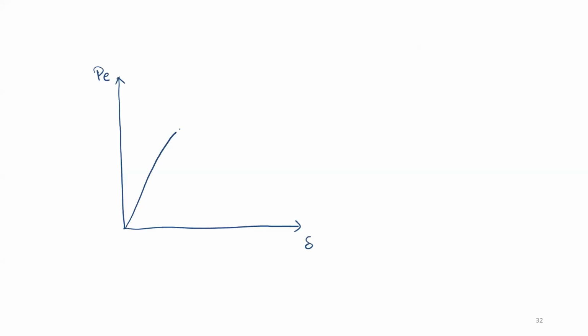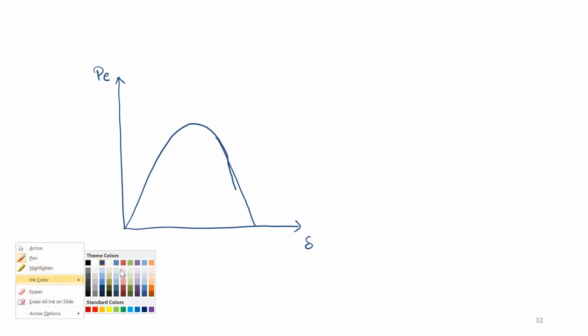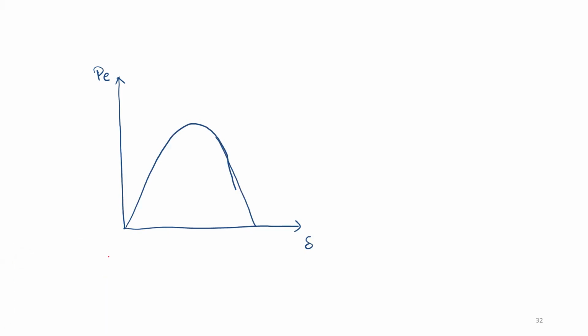My curve will look something like this. Initially we need to work on a fixed operating point. So let's say that initially we are operating at this particular point where my PM naught is equal to my PE naught. I'm operating at point A.